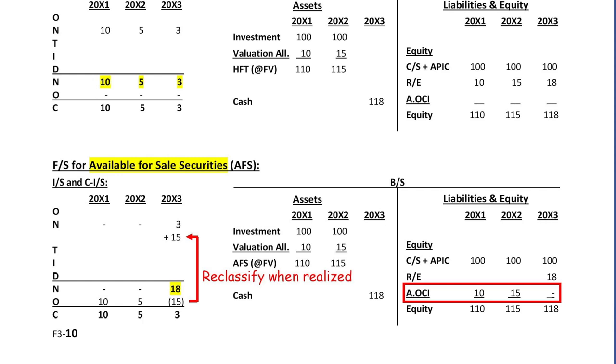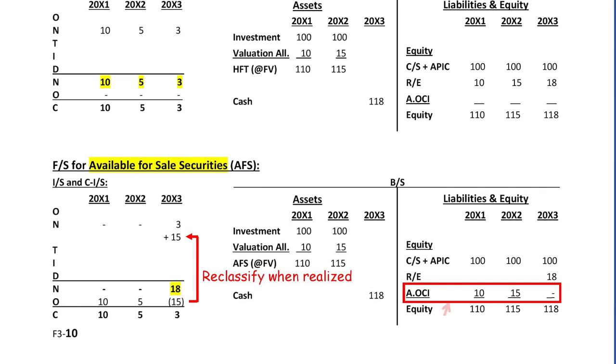In year 3, all of that $15 gets reclassified into the income statement, into net income, because the gain in year 3 becomes realized. So basically, accumulated OCI is more like a parking lot where you park unrealized gains and losses on available for sale debt securities.